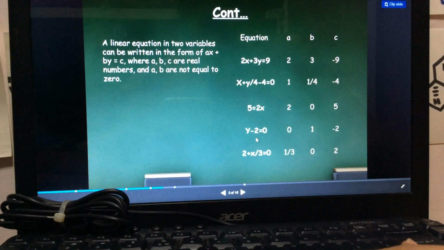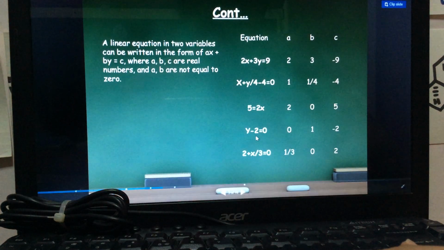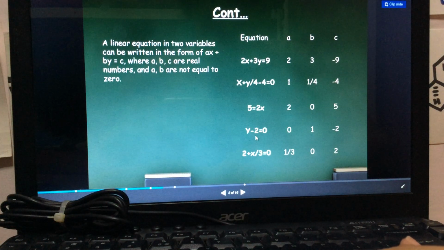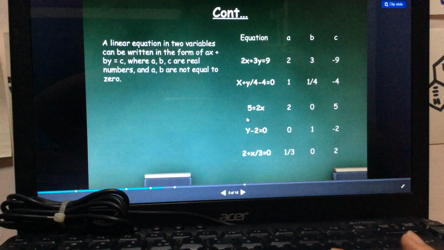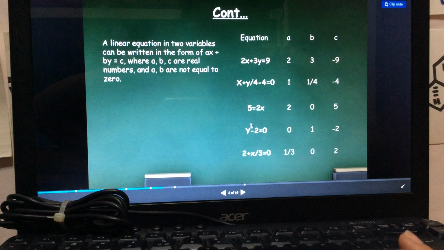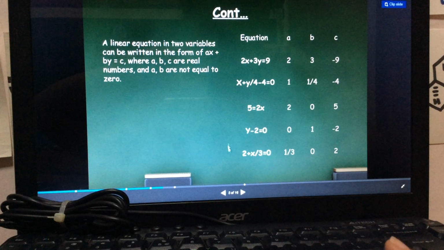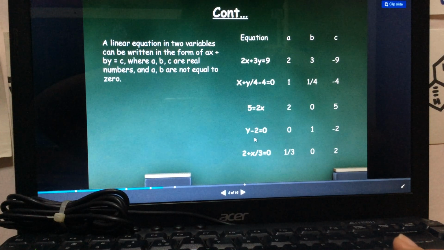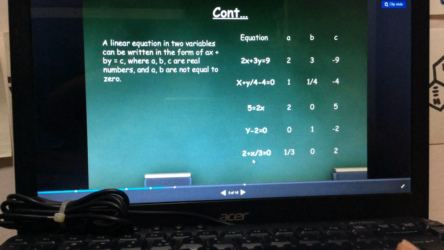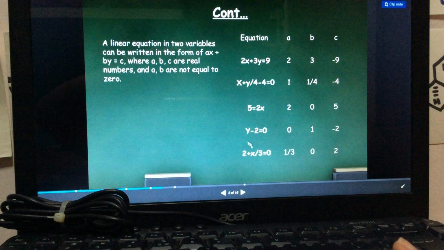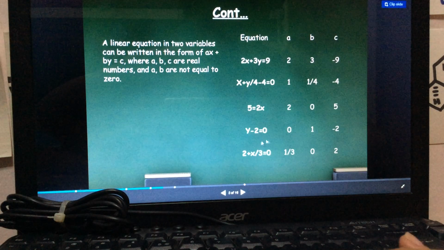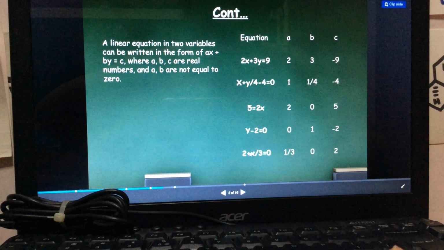Another one: a is 0, b is 1, and c is negative 2x. Okay, next, 2 plus x over 3 equals 0. 2 is c, b is 0, a is 1/3.